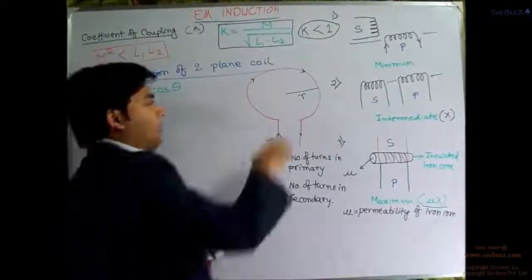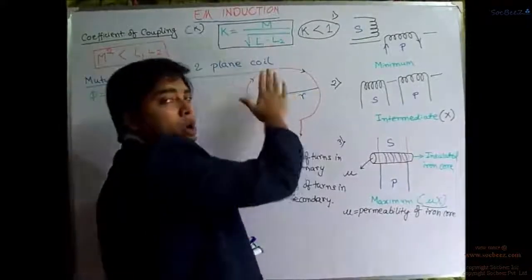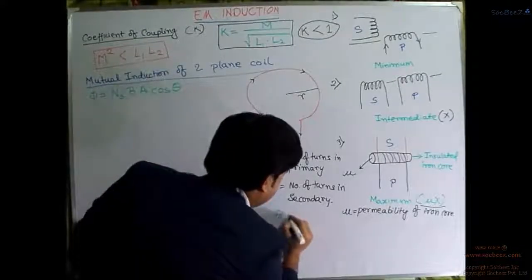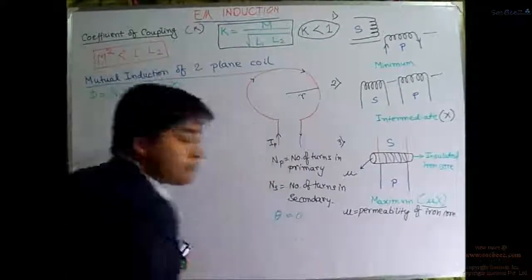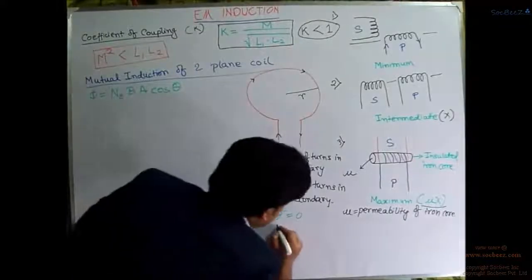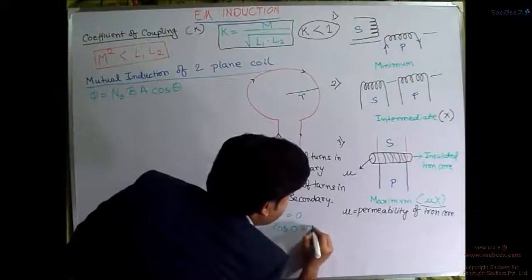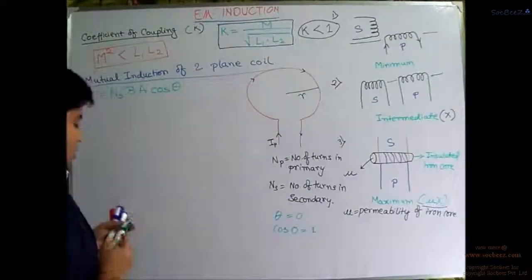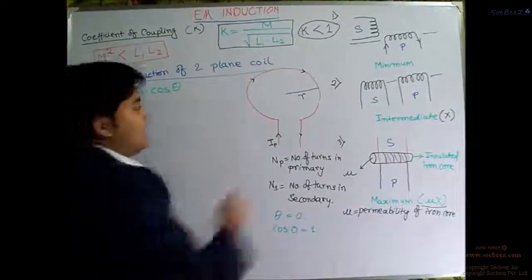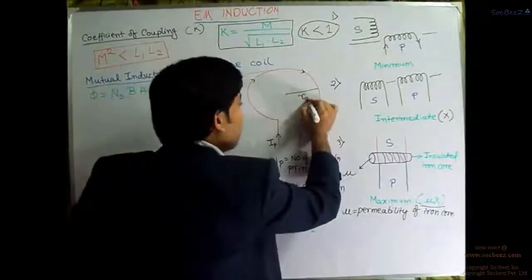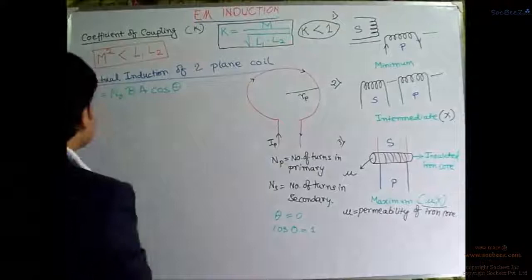Now as we have kept one coil over another, the theta over here would be 0, and likewise cos 0 will equal 1. And we could say this radius of the primary coil is Rp, right?